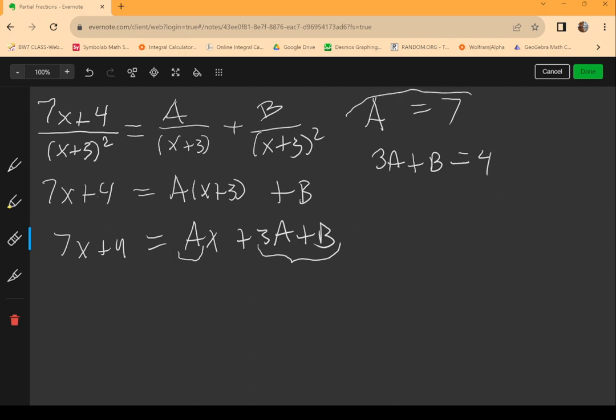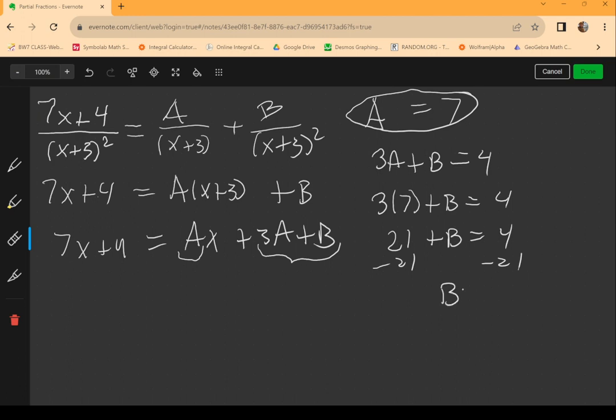All right, so this worked out nicely in my favor here. That one is right away, we get it solved. So now we go into the second equation, and we plug in what we know for a and solve for b. Subtract 21 from both sides, and we get b is equal to negative 17.